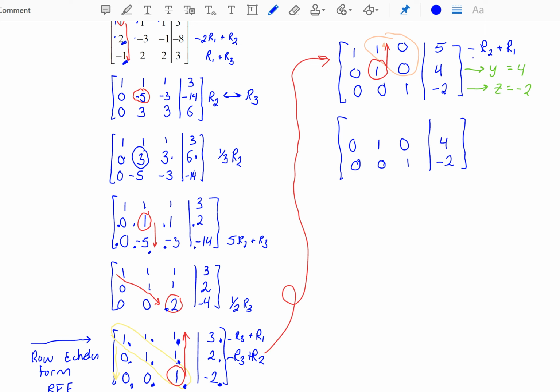I think if we went negative of row 2 plus row 1, it would be negative of this 0 added to 1 is still 1. Negative of this 1 is negative 1, added to that 1 is 0. Negative of 0 added to 0 is still 0. Negative of this 4 added to 5 is 1.